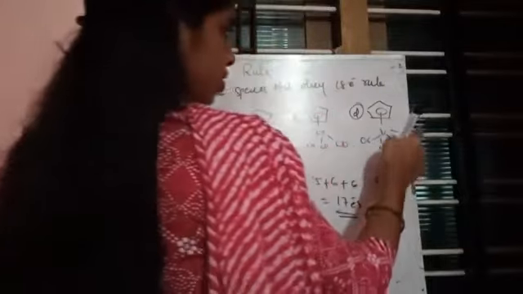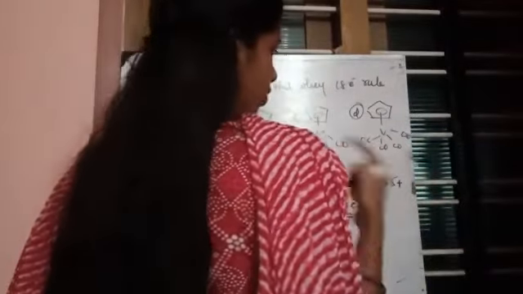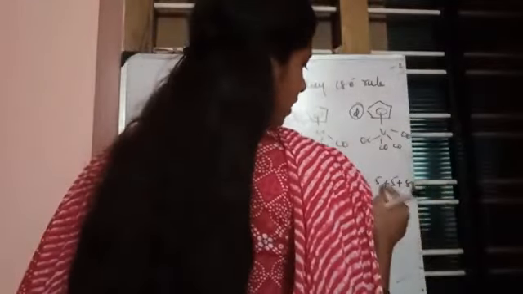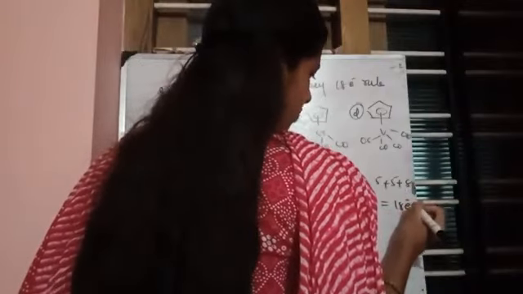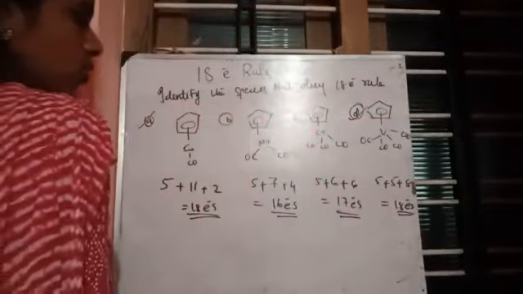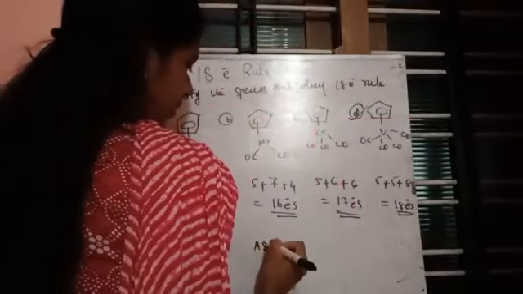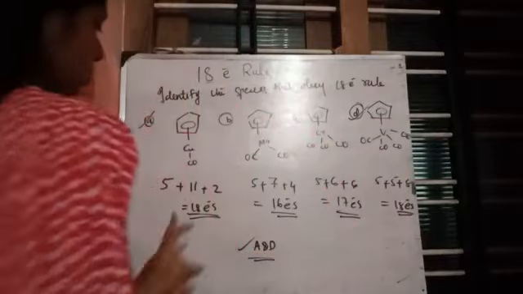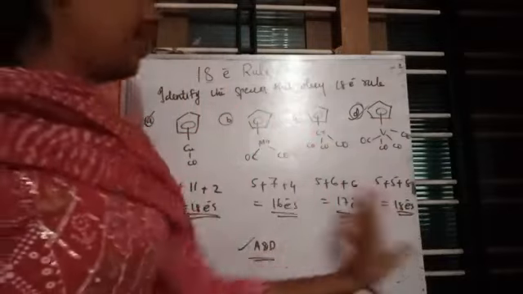So 5 plus 5 plus 2 electrons from 4 CO, so 2 into 4, that is 8, and 10 plus 8, 18 electrons. So option A is also obeying 18 electrons, and this D is also obeying 18 electrons. So option A and D is the correct option, because both these complexes are obeying 18 electrons.